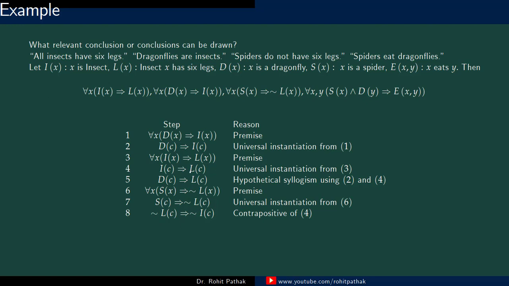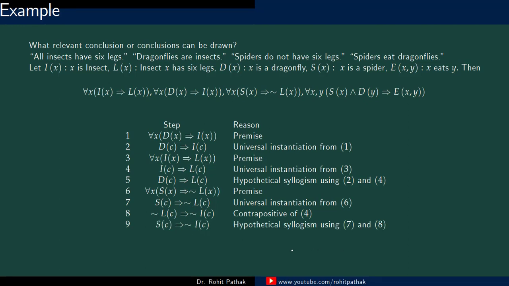So we write the contrapositive of 4: negation LC implies negation IC. So using these two, SC implies negation LC and negation LC implies negation IC, we get the following conclusion: SC implies negation IC, by hypothetical syllogism using 7 and 8.